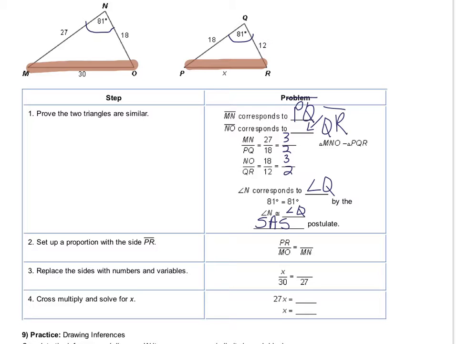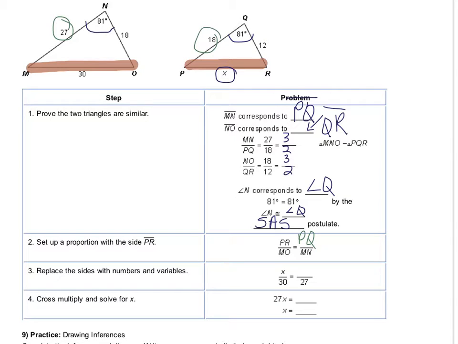So now we can figure out what PR is using a proportion. So PR over MO, highlighted in that brown color, I was hoping for orange, corresponds to MN, which is over here, I'm going to do green. MN in green corresponds to PQ. So PQ right up there. And then we plugged in the values.